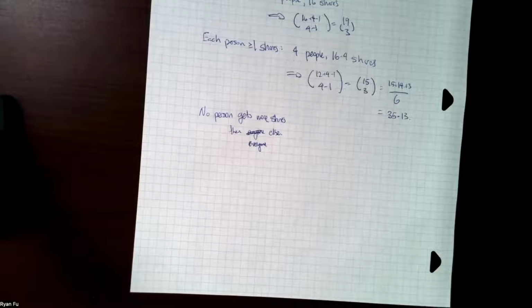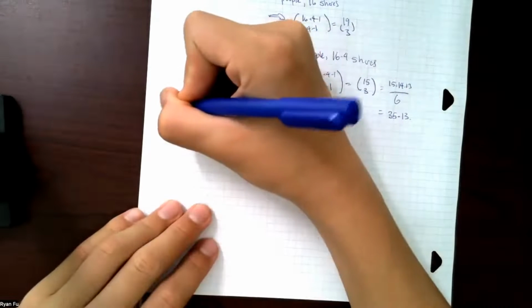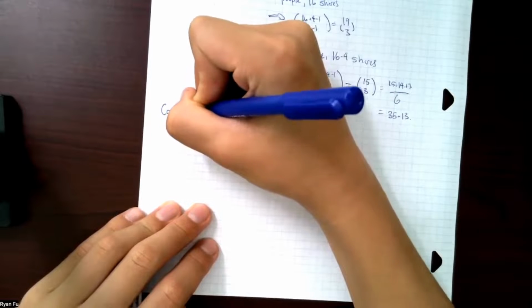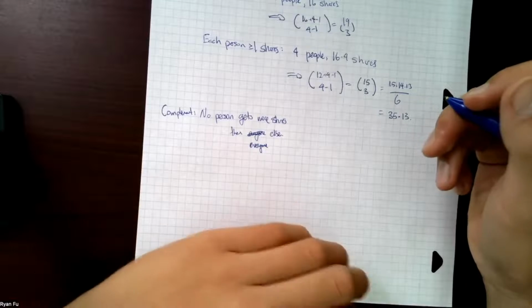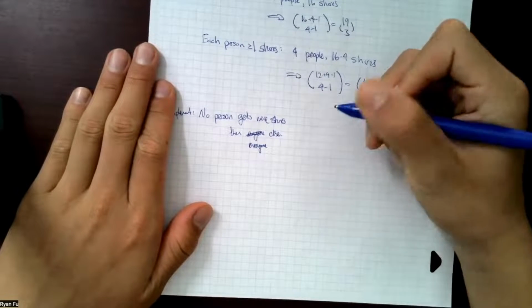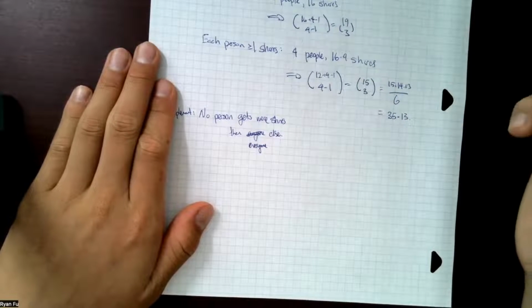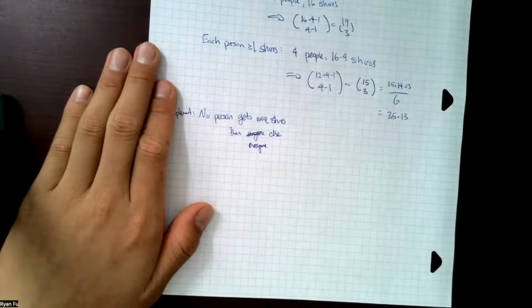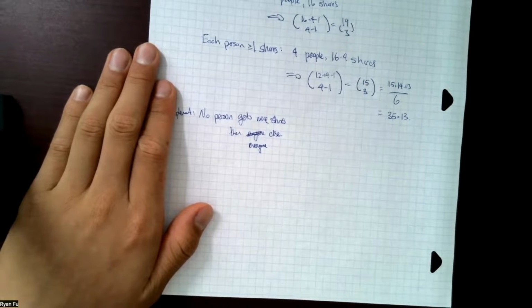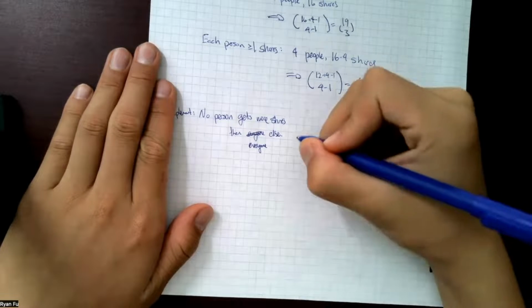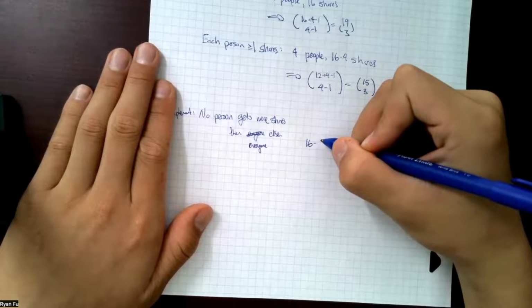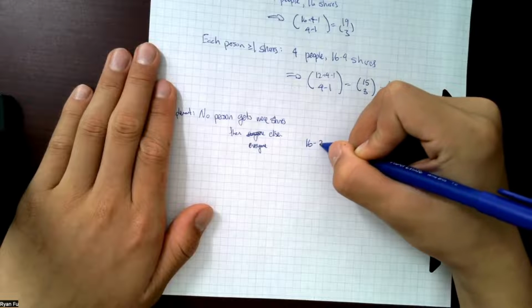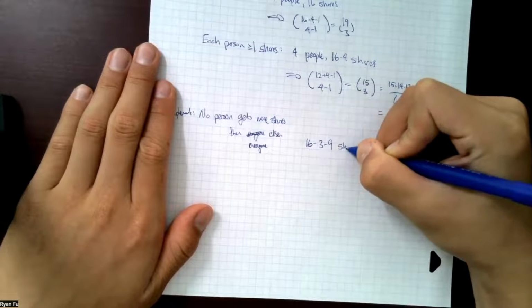So if we take the complement of this, we can start off 3 of the people with 1 share, and one of the people with 9 shares. So that's going to leave us with 16 minus 3 minus 9 shares and still 4 people.